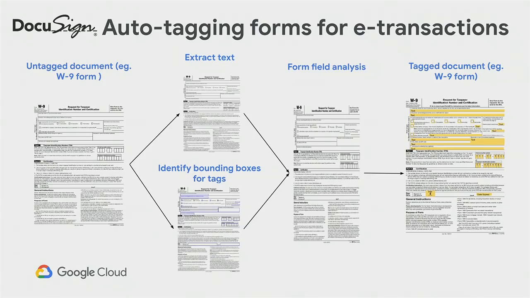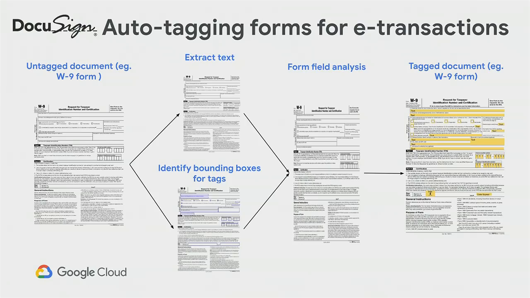Another partner application of document understanding AI was auto-tagging forms. DocuSign, our e-transaction management partner, has used document understanding AI to detect bounding boxes on forms. The key use case here, let's say we have a W-9 form.